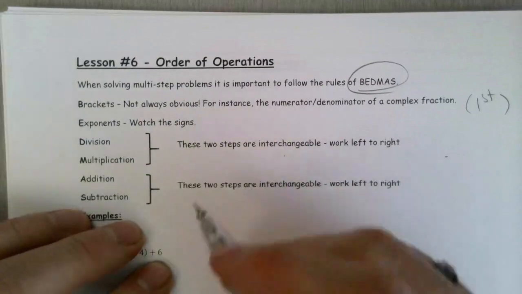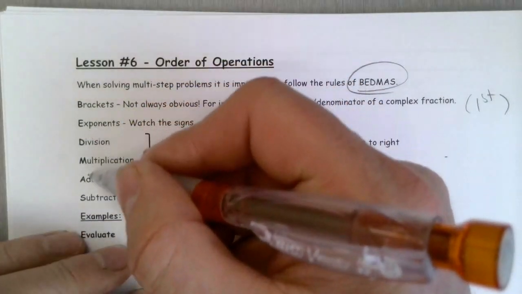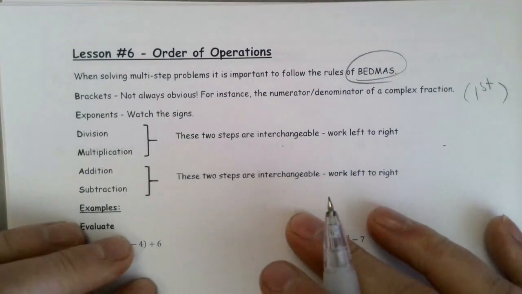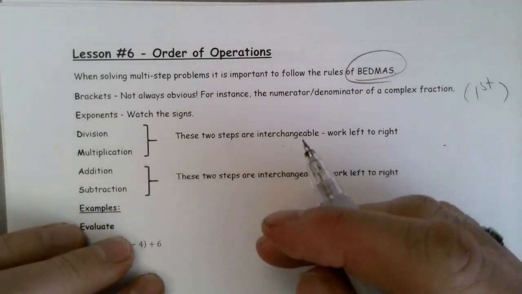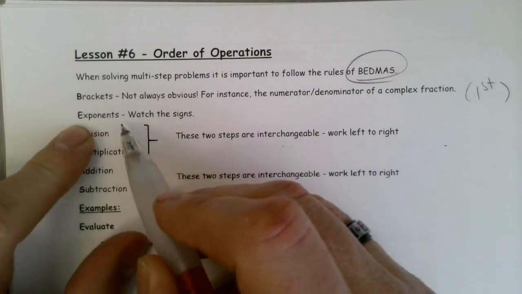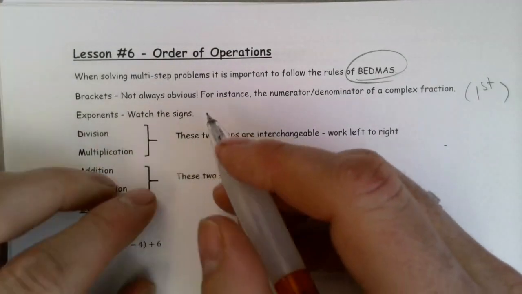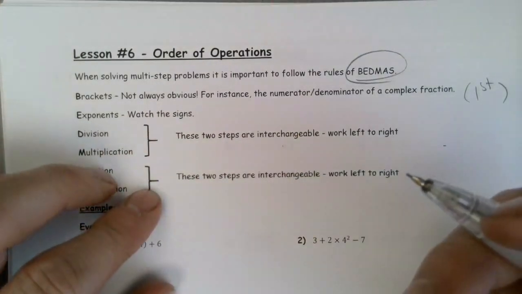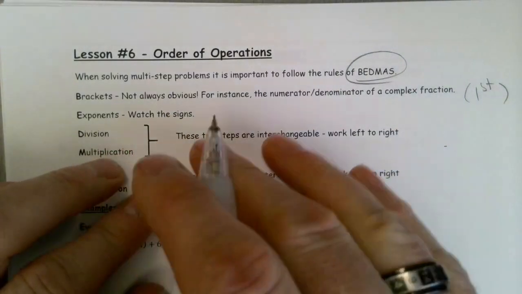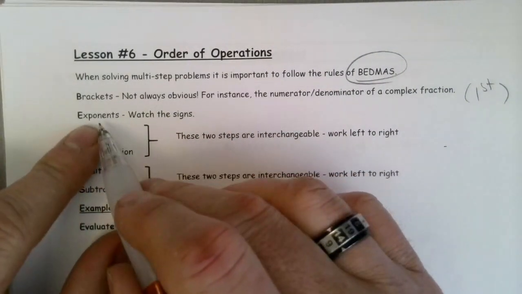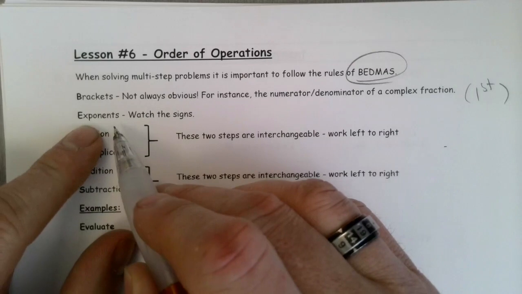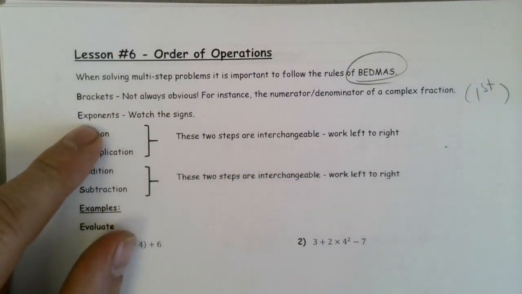Now, outside of that, the order of operations actually makes a fair bit of sense. We're going to do exponents first. You have to watch out for the signs. Bear in mind whether your negative is inside the power or whether it's multiplied in front of the power. But exponentiation is repeated multiplication.